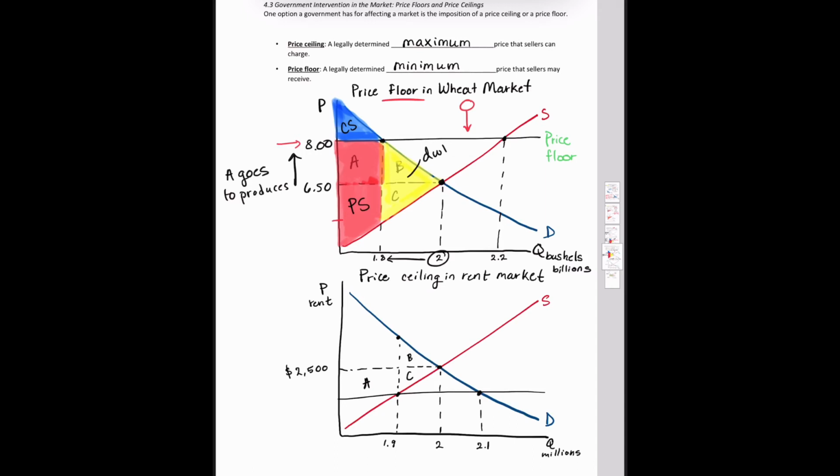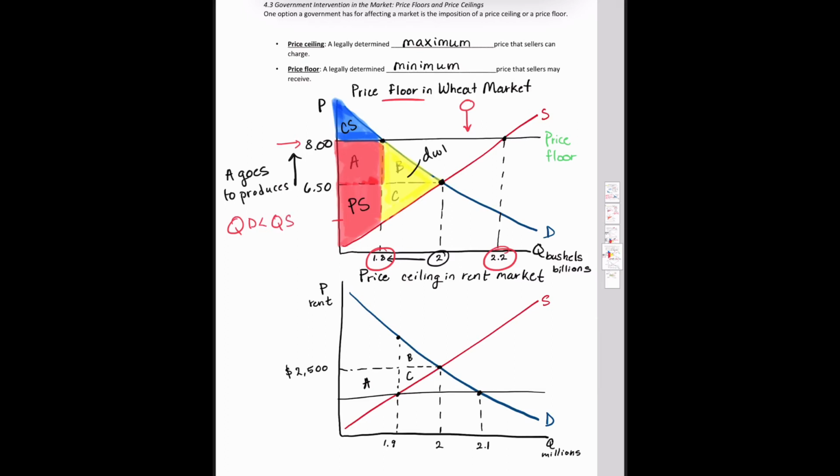Okay, so also what are we going to see here when we set a price floor? Our quantity demanded is going to be 1.8, and our quantity supplied is going to be 2.2. Quantity demanded is going to be less than quantity supplied.